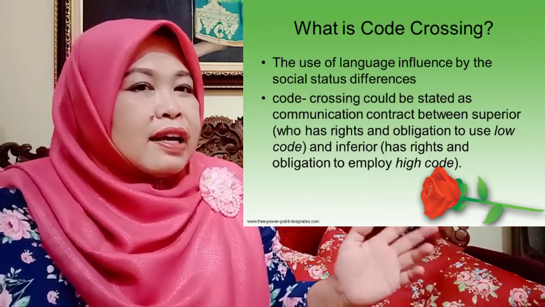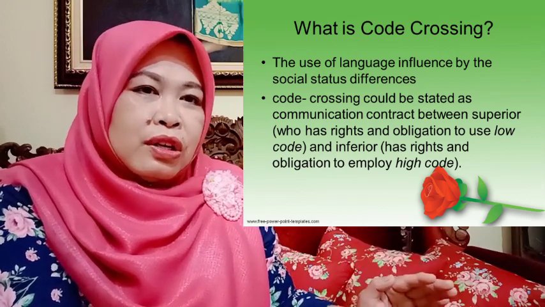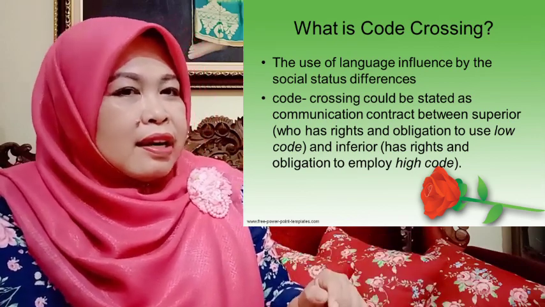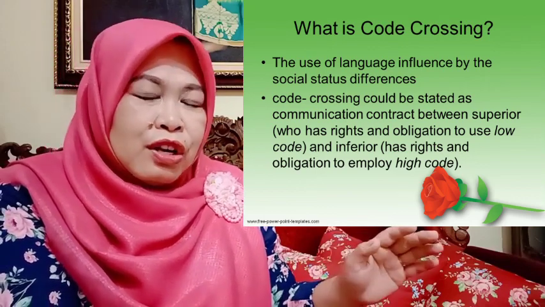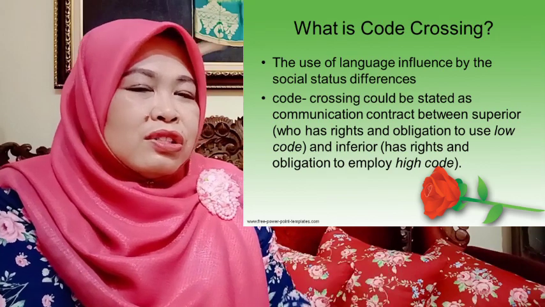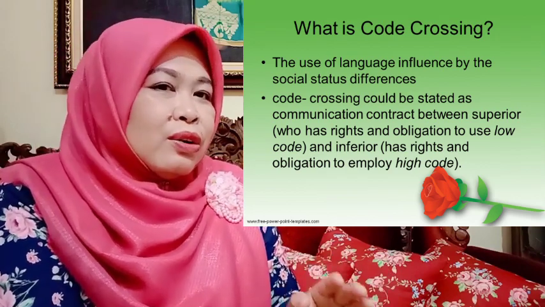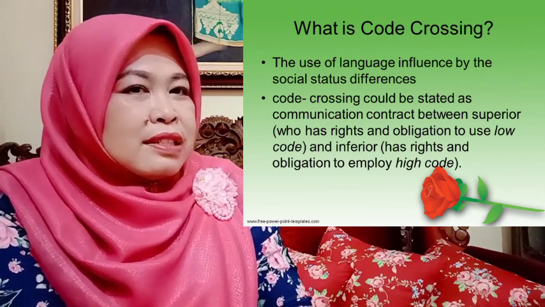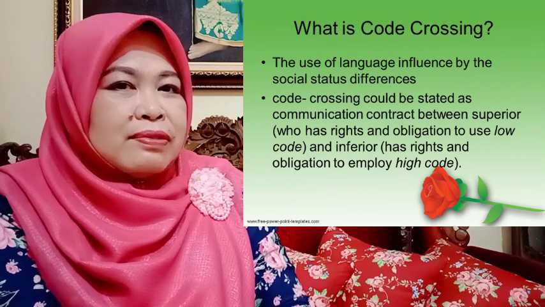The superior has the rights and obligation to use low code, while the inferior has the rights and obligation to use high code. So exactly, code crossing is the use of high code and low code by the speakers, which is influenced by the social status differences of the speakers.